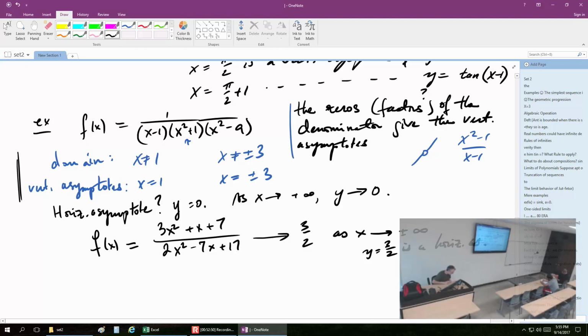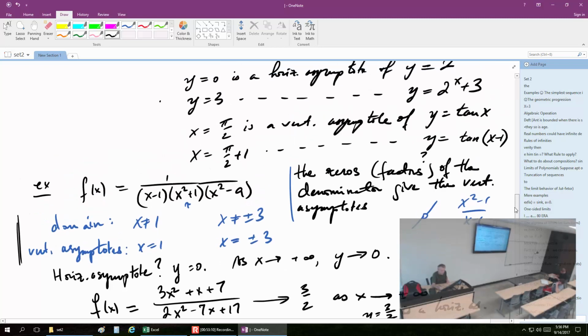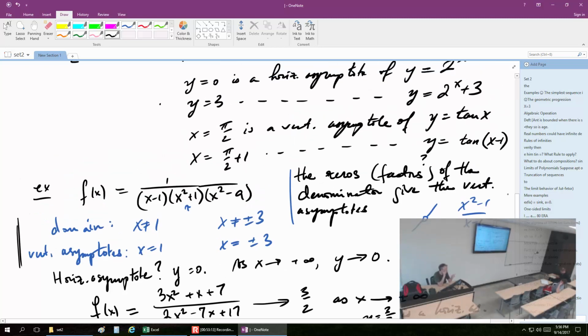Okay, so that's an overview of asymptotes. Polynomials have none. The exponential function has 1. And a rule of thumb is that rational functions have asymptotes, and it is one horizontal asymptote. It's the same on left and on right. So 1 over x has only one horizontal asymptote, even though there are two limits: one at plus infinity, the other at minus infinity.